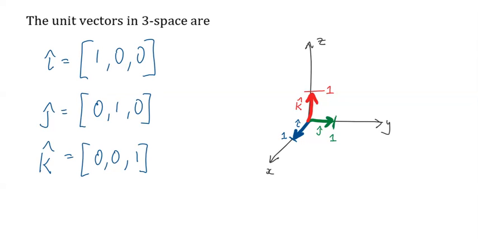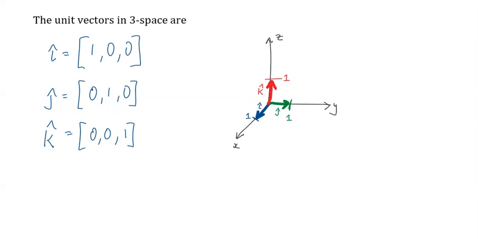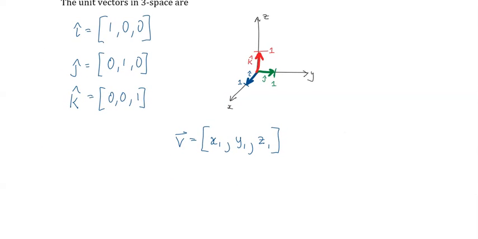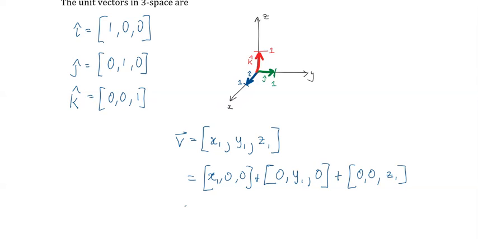Okay, and so if I had vector v, which was x1, y1, z1, if I wanted to write it out in its 3 coordinate components, it'd be x1, 0, 0 plus 0, y1, 0 plus 0, 0, z1, or x1 times i hat plus y1 j hat plus z1 k hat.